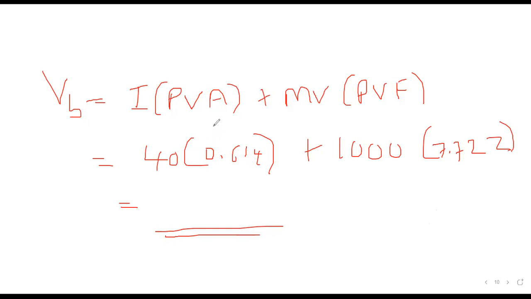So this is supposed to be 7.722, and this is 0.614. So what are we getting?